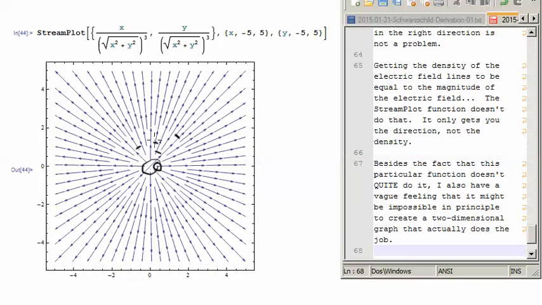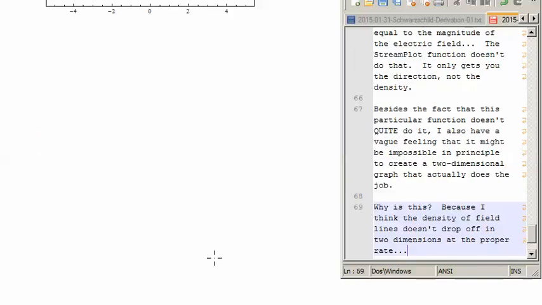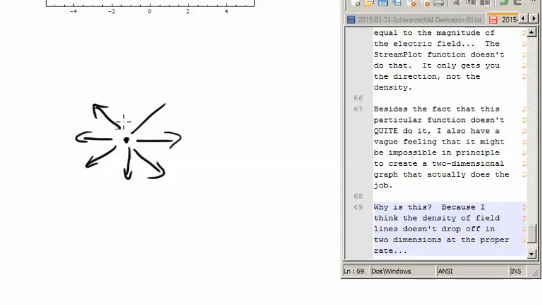Now, besides the fact that this particular function, stream plot, doesn't quite do it, I also have a vague feeling that it might be impossible in principle to create a two-dimensional graph that actually does the job. Why is this? Because I think the density of field lines in 2 dimensions doesn't drop off at the proper rate for point charges.